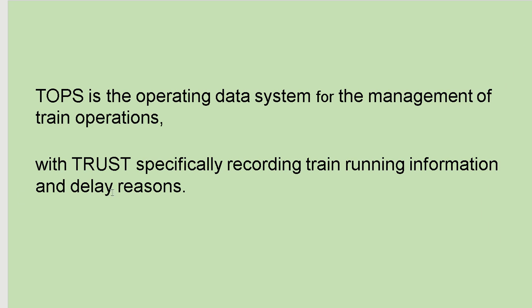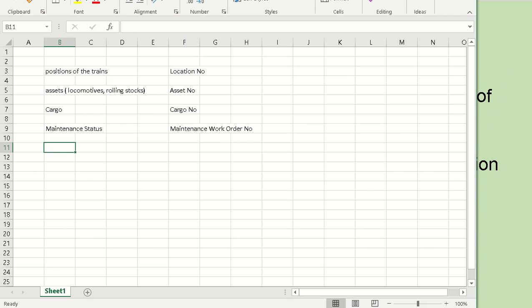Furthermore, we would like to identify two types of recording system. One is what we refer to as the master files, and the other one is the transaction file.